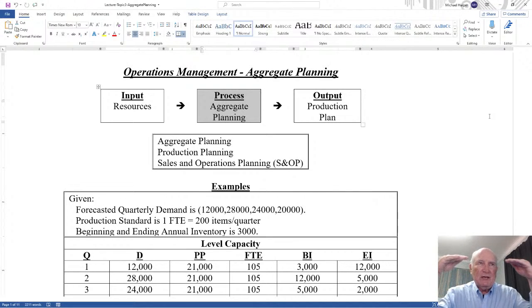But if your capacity stays level and your production stays level, but your demand goes down, then the inventory goes up. Likewise, if the demand goes up, inventory goes down if your production stays level. So that relationship between inventory, capacity, demand, and productivity, that relationship between those four variables, that's what aggregate planning captures and creates some very powerful strategies.